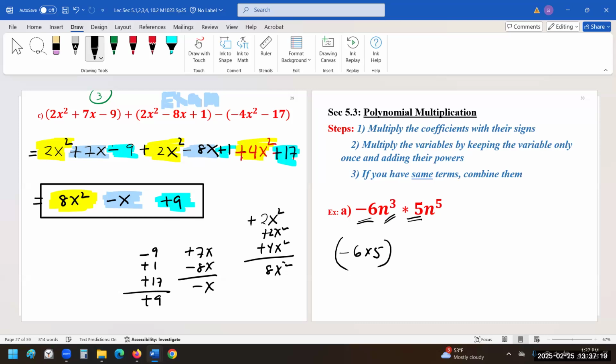And we have variables n cubed and n to the 5. So we do n cubed times n to the 5. When you multiply numbers, we get a number back. What is negative 6 times 5? Negative 30. And now we use the exponent rule. In multiplication of the bases, what do you do with the powers? Add them. So we get n to the 8.